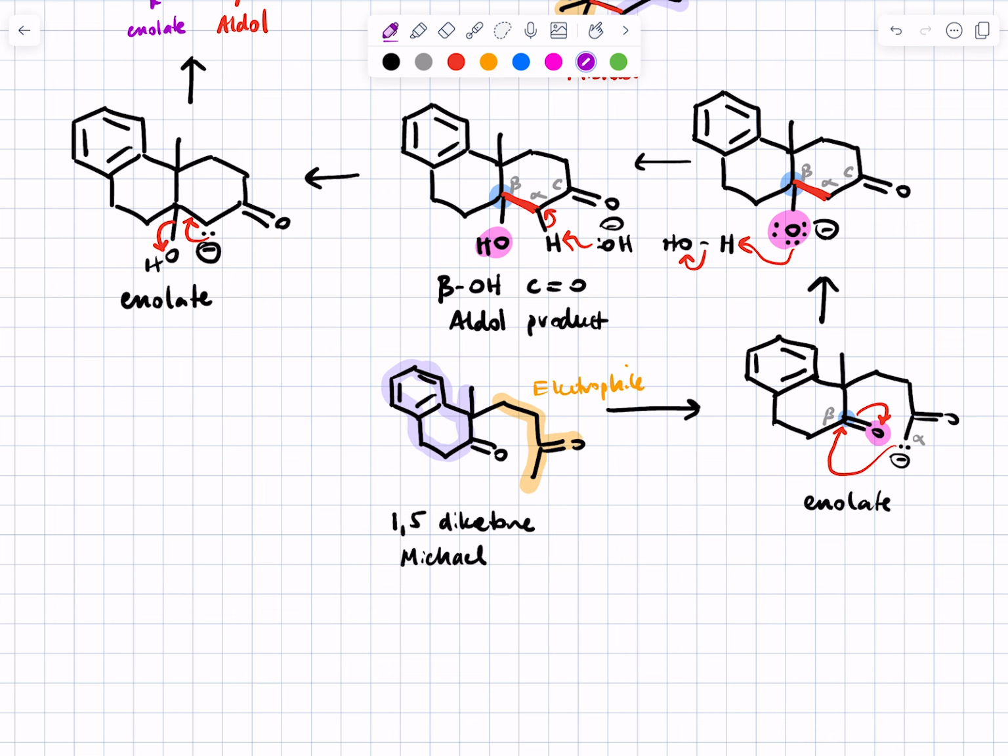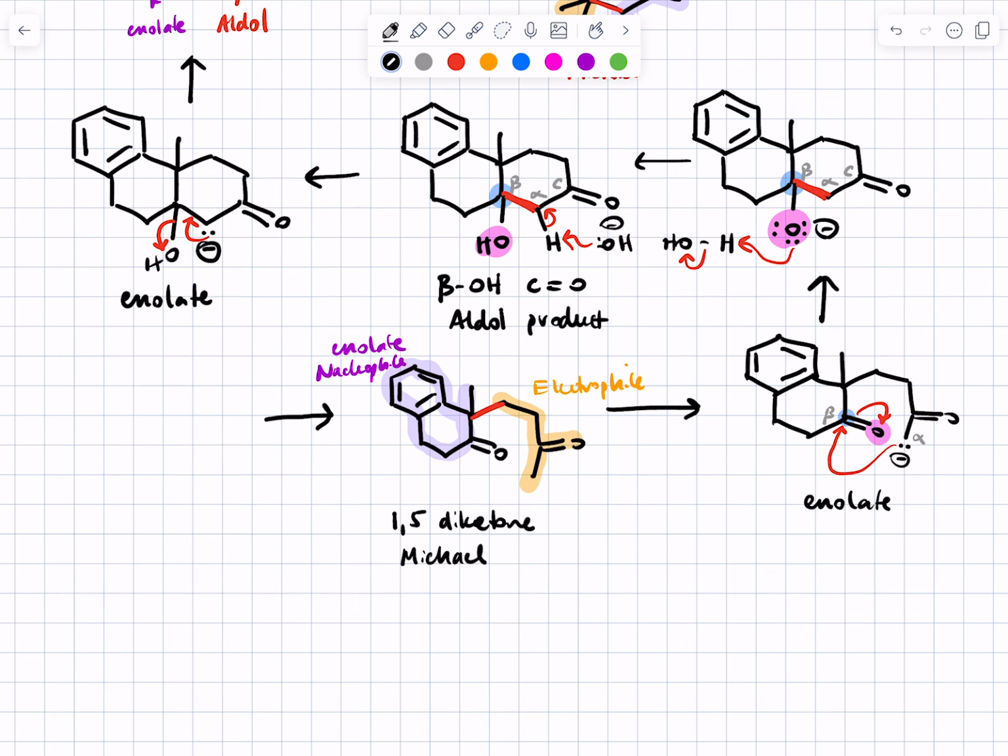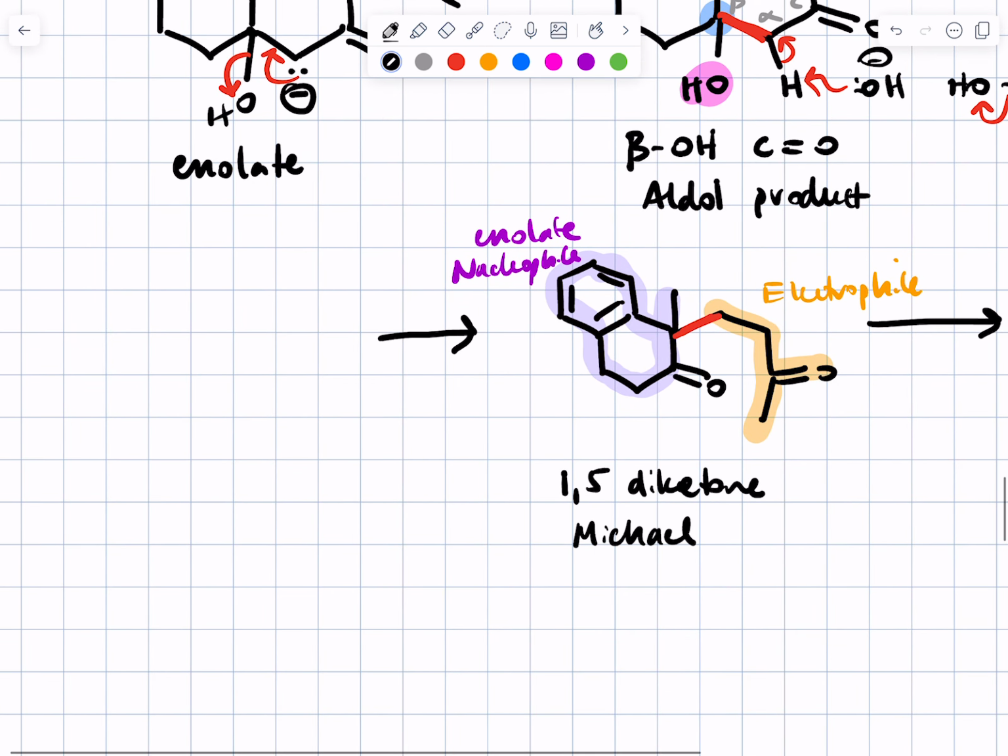And this portion is going to have been our enolate nucleophile. Okay? And the new bond we're going to make is right here. So, what's the immediate precursor to that 1,5-diketone?